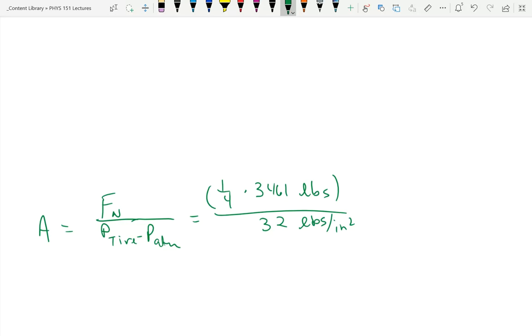What do you get? So we get 27 square inches. So 27 square inches, you can take the width of your tire and then calculate how long you'd have to have contact to get 27 square inches.